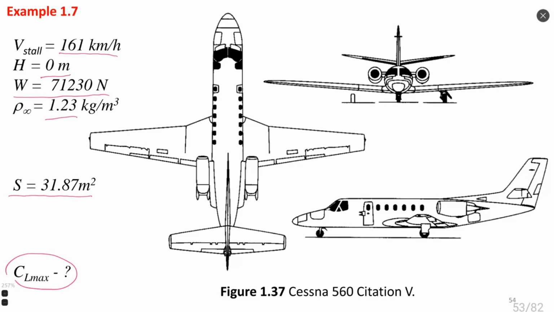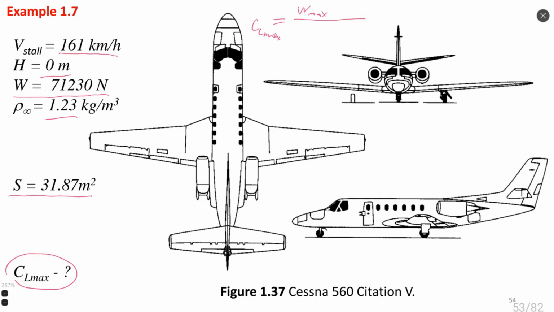We can do it in the same way as the previous calculation. We just write that CL maximum would be equal to weight, okay, the maximum weight that we have on takeoff.